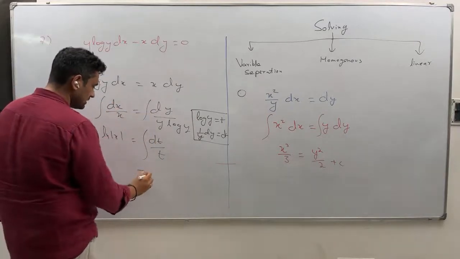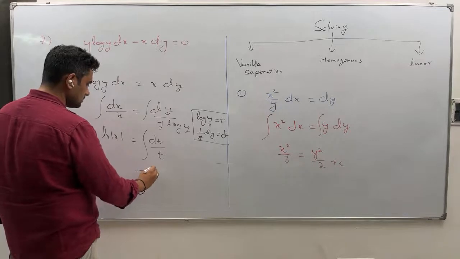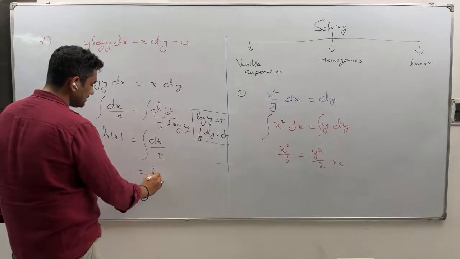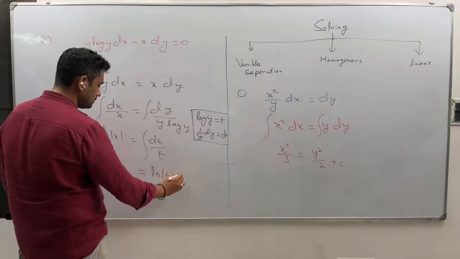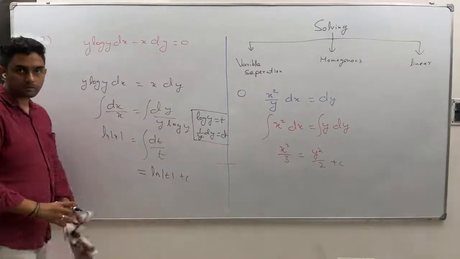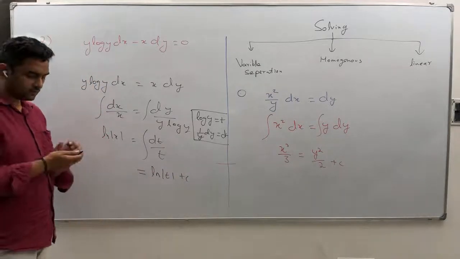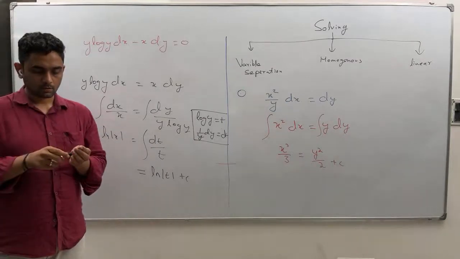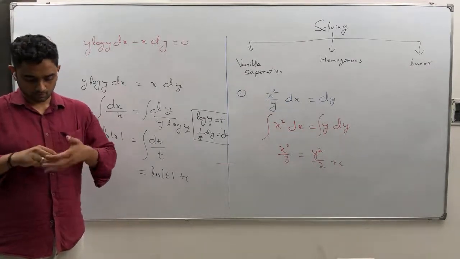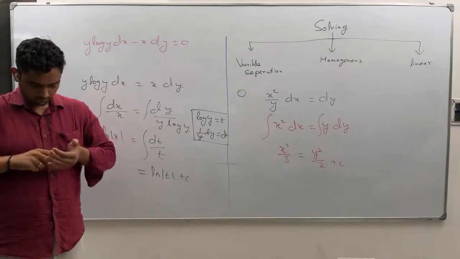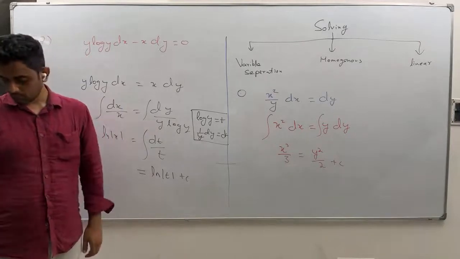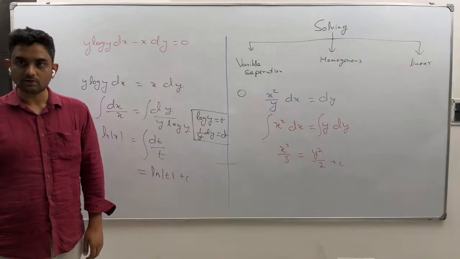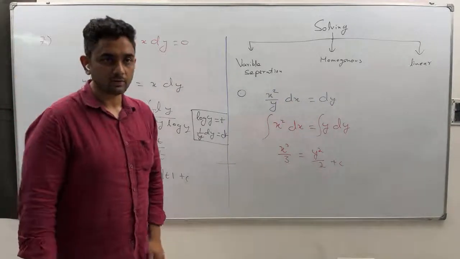So what will happen? We will get this thing as ln t plus, now t value you can put log y. So this is what we do in variable substitution. All right, all of you are clear on this? So that is about variable separation.